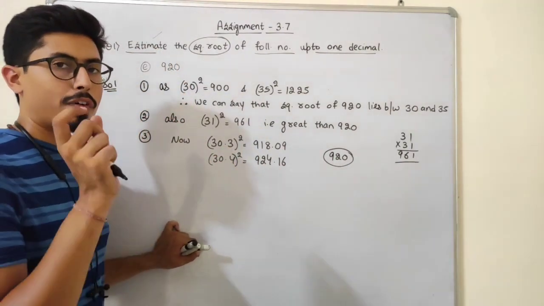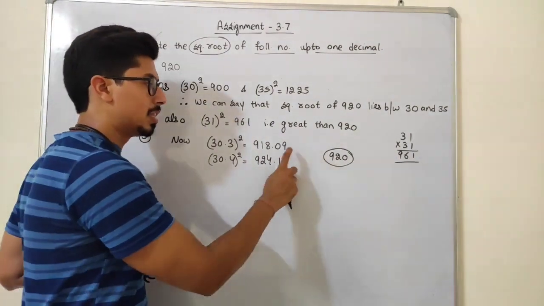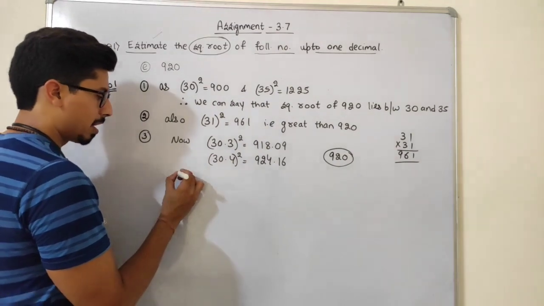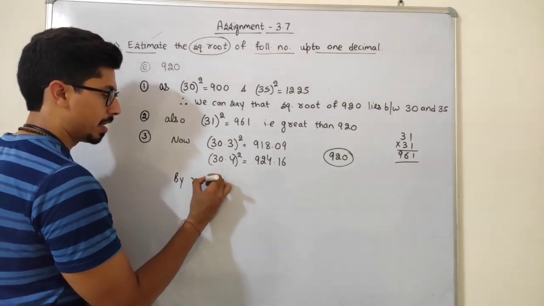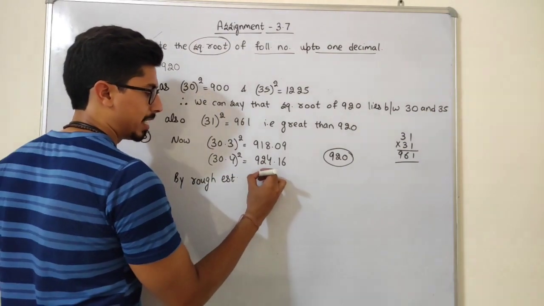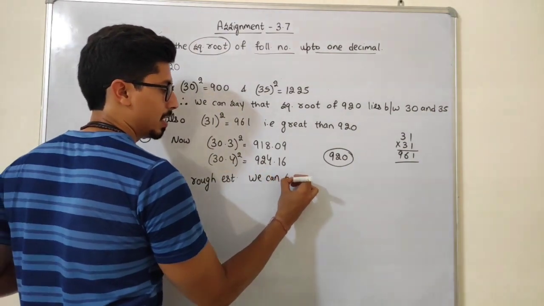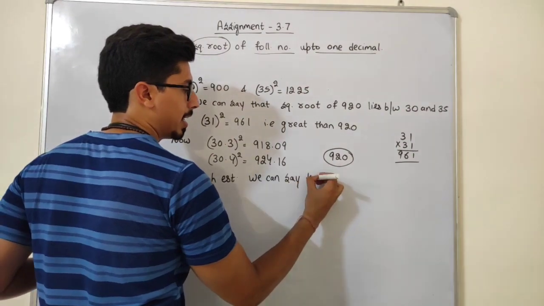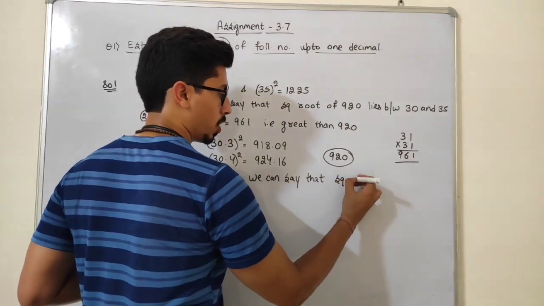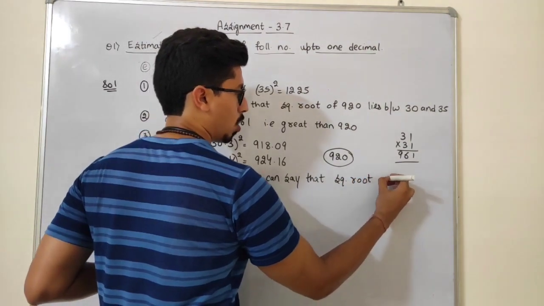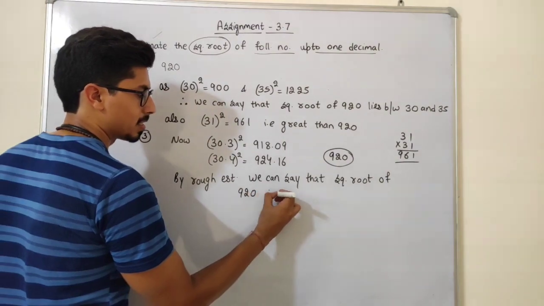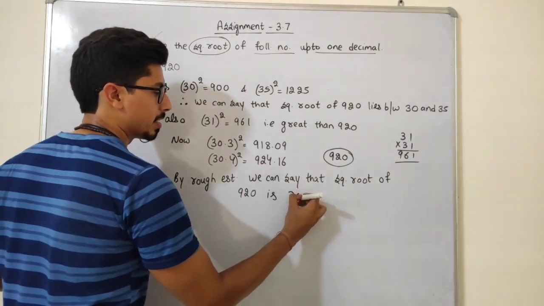Okay. And we have to find out the rough estimate. Now, this number is more closer to this number. So, by rough estimation, we can say that square root of 920 is 30.3.